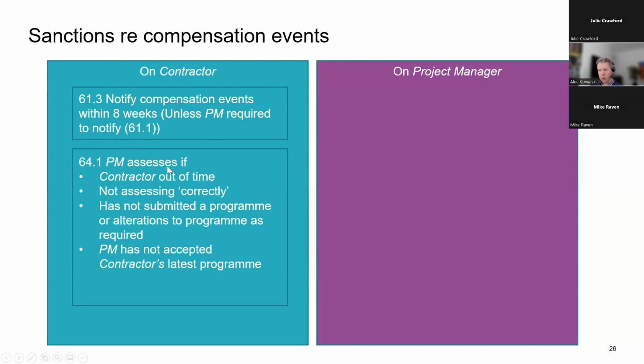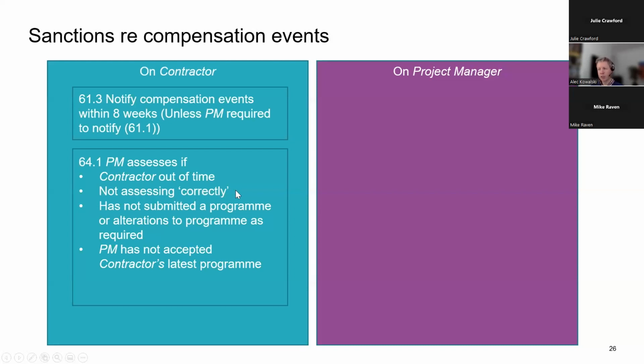The project manager will do their own assessment if, and this was what I was talking about, there are specific reasons why you would do your own assessment. If the contractor didn't give you a quote because they ran out of time, or if they haven't assessed it correctly, now that's very much your opinion. Okay, so you better have good reasons why you think they haven't done it correctly.